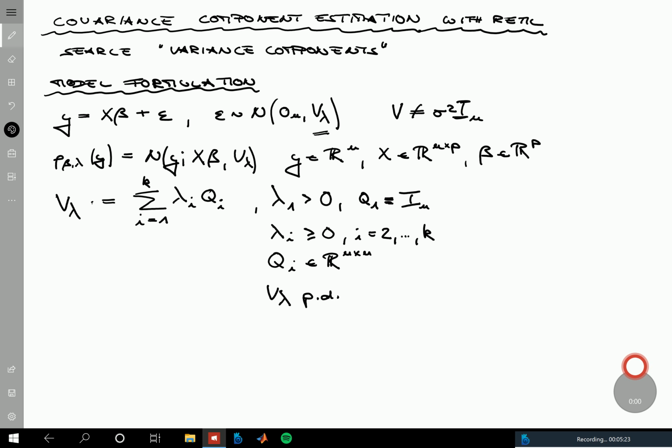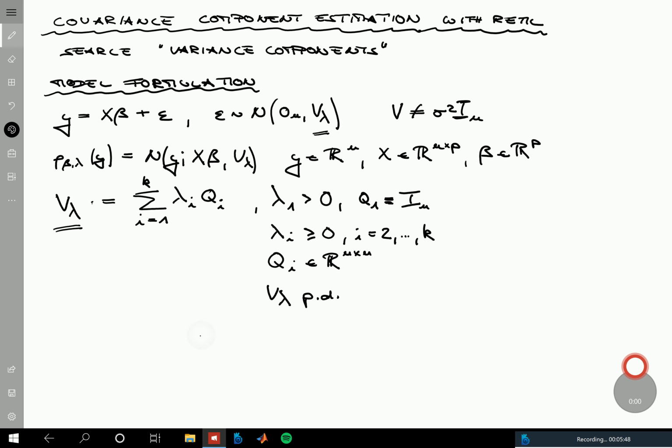So the important thing is, of course, now the covariance matrix parameter of the GLM that we're looking at. And of course, it needs to be positive definite, so it just needs to be a proper covariance matrix. It needs to be symmetric and positive definite, so that it can work as a covariance matrix parameter in the multivariate Gaussian.